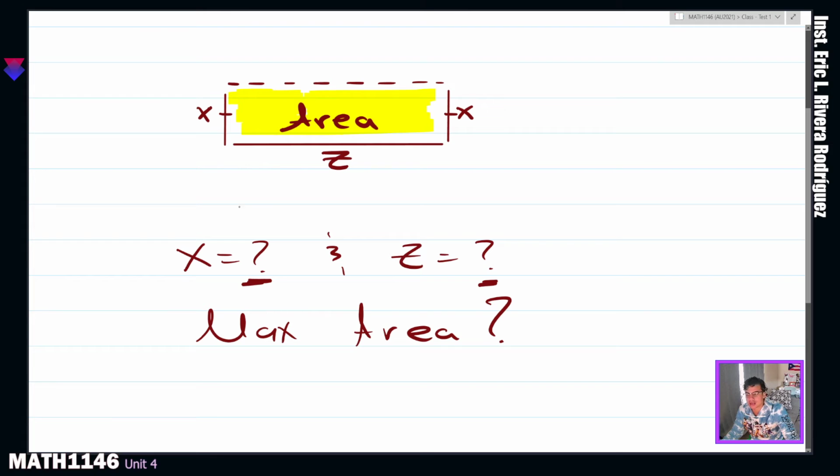And yes, we could start with x equal 1. So we have 2x, two pieces of fencing of 1 meter, and the rest is going to be 118 meters.